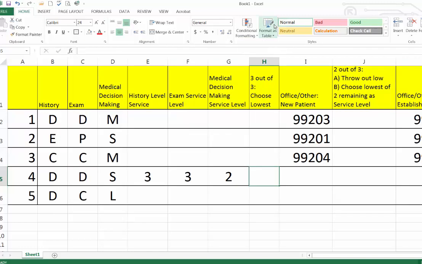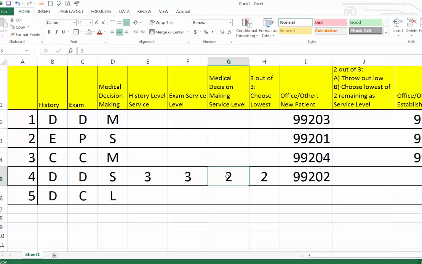So I have 3, 3, 2. And so I will now bill a service level 2 because I have to go with the lowest of the 3, and that is a 99202. So do not choose 99201 because straightforward decision making is a 1 or a 2, and when you get to choose the higher service level, because that's what you get paid for, and it's legal to do it.